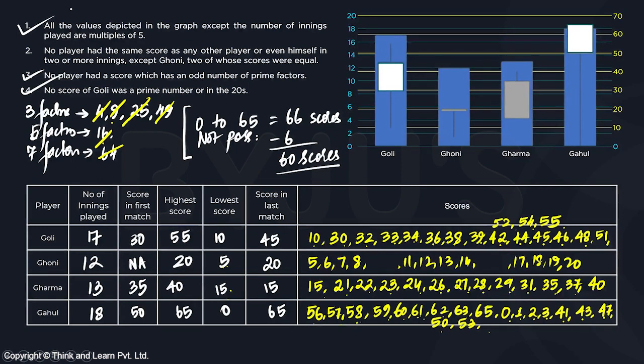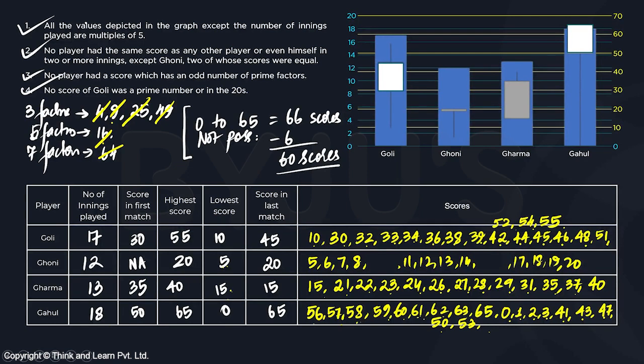We have 5, 6, 7, 8, 11, 12, 13, 14, 17, 18, 19, 20. Okay, we will see this as we move along. The second condition, we will look into it later on.